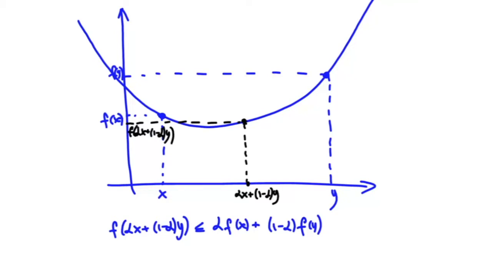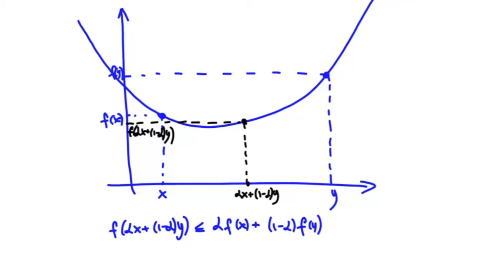This gives me f of alpha x plus 1 minus alpha y. And what this condition tells me is that this f of alpha x plus 1 minus alpha y is below, or at least no higher than, alpha f of x plus 1 minus alpha f of y. So what does it mean geometrically?